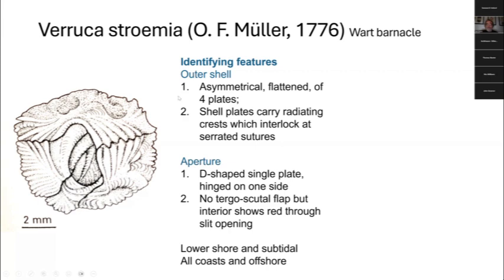It's asymmetrical for one thing. It's flattened and it's only made of four plates, although it's very difficult to make out the four plates, as the plates themselves are so gnarly and so corrugated that it's quite difficult to make out the joins between them.